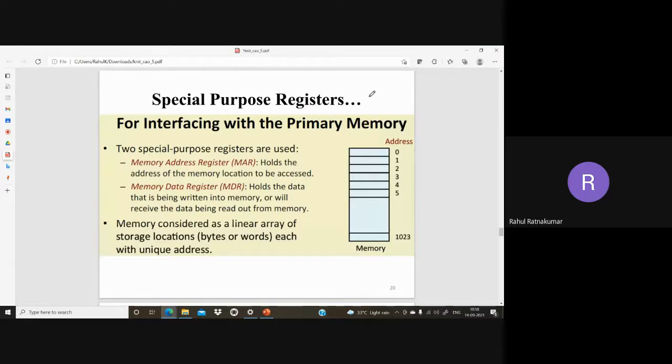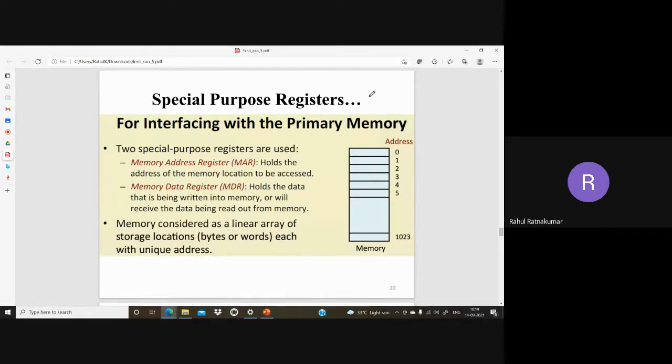This is happening in the case of loading and storing data, right? Right now I'm giving an example of retrieving data. Whatever data has to be retrieved will be temporarily stored in MDR. The address from which we need to retrieve will be stored in MAR. That is for reading. For writing, the data which needs to be written is stored in the MDR, and the address to which it has to be written is stored in the MAR.